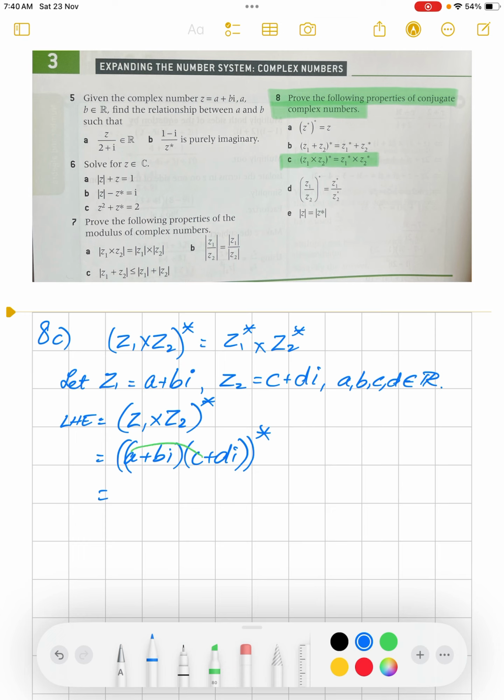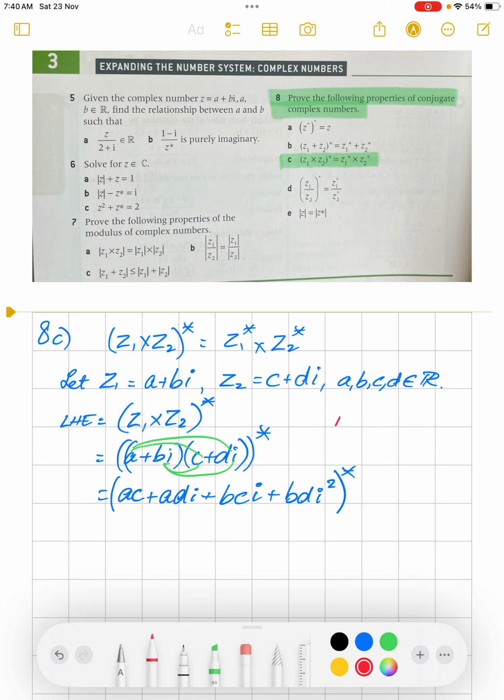A times C, A times DI, BI times C is BCI, and BI times DI is BDI squared. So we'll put the conjugate of that.